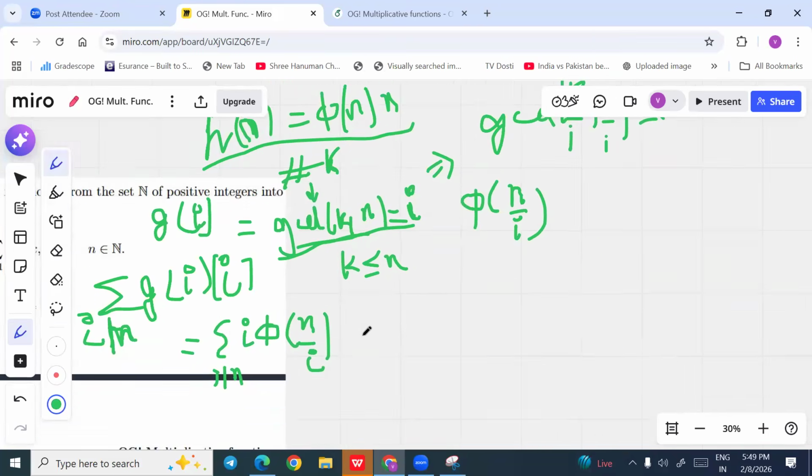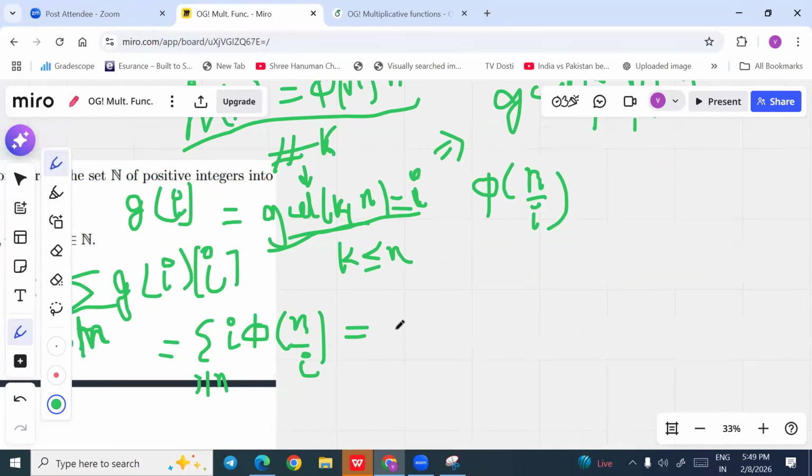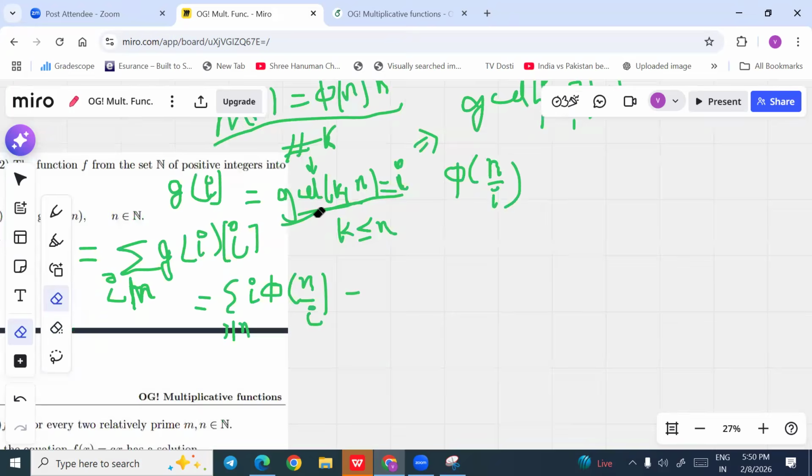I mean it is phi convolution identity, but it's not direct. It is direct, right? No, this will first turn out to be h cross 1, right? Just directly in the convolution notation. Right, you are right.